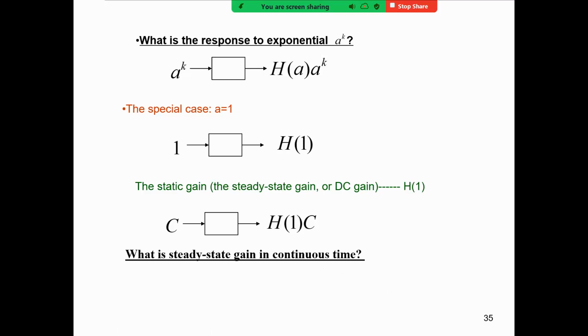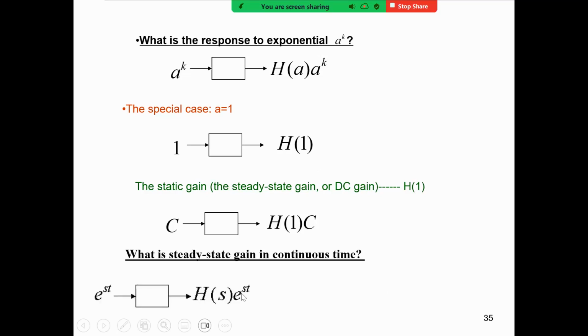But what is the steady state gain in continuous time? You assume that you learned that for continuous time. If you have a transfer function, how do you get the steady state gain? You evaluate the transfer function at which value? Well, h of s at s equals 0.